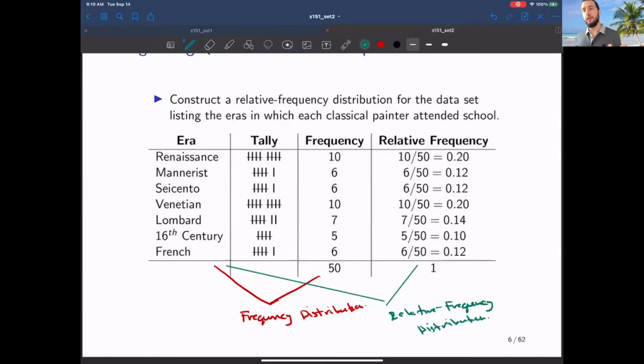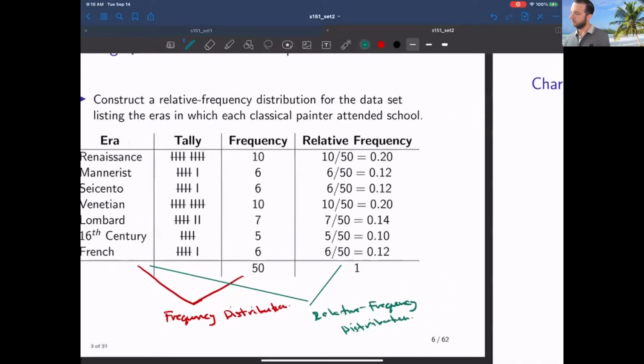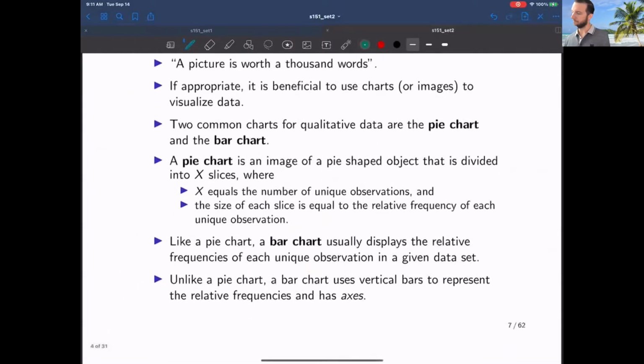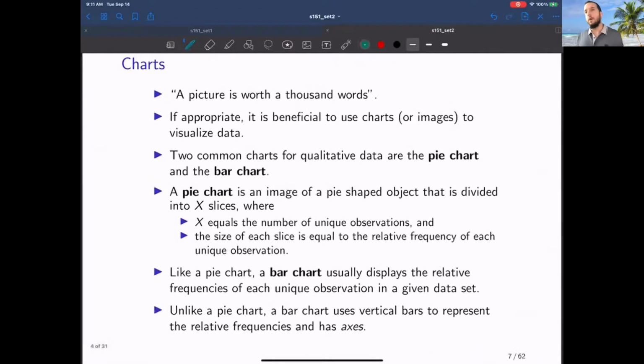And again, this type of chart, this table or distribution, this is what we use to summarize qualitative data. So our frequency and relative frequency distributions are utilized when we want to summarize qualitative information. Okay, now what we're going to do is talk about two types of graphs or charts.